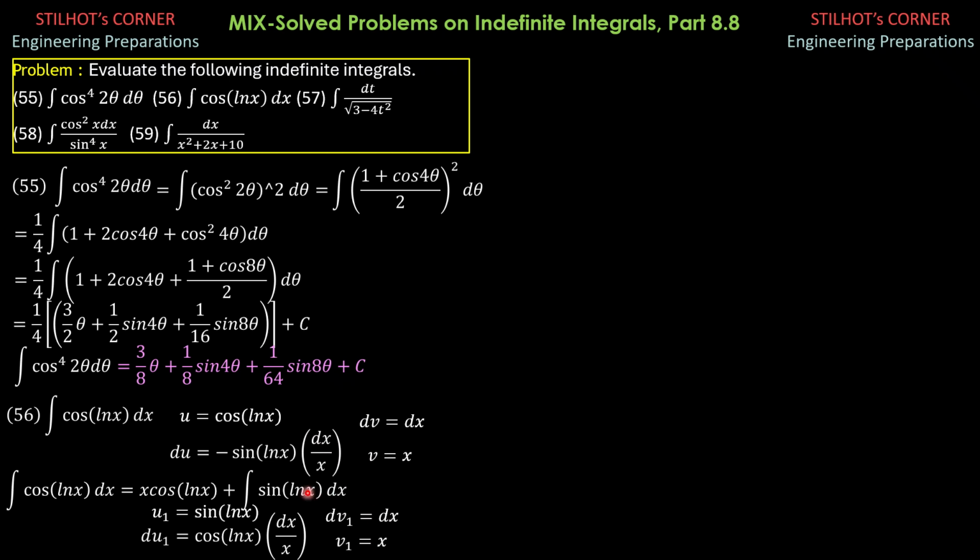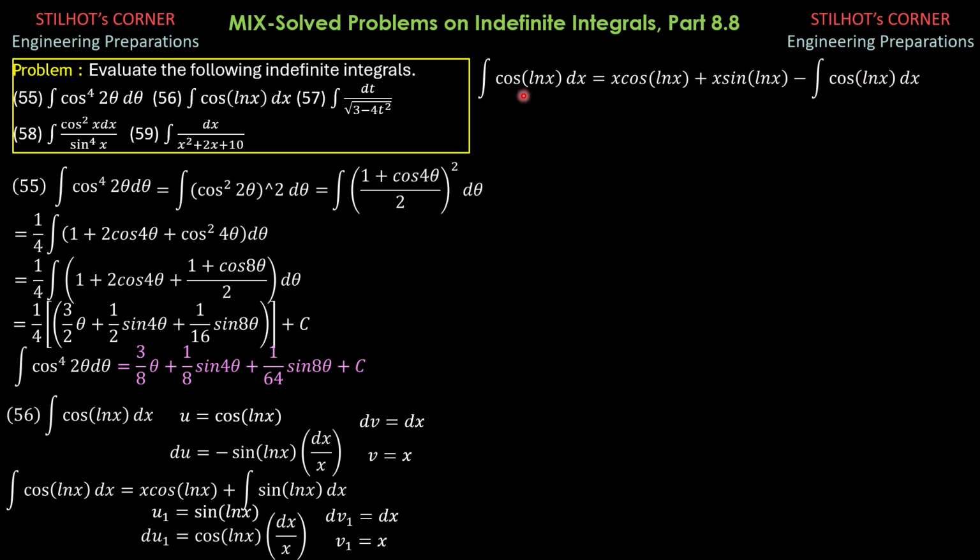So for this part, by parts, the integral of cosine ln x dx is x cosine ln x plus x sine ln x, then minus integral of cosine ln x dx. So it appears that the original integral appears in the third term: minus cosine of ln x dx, which is the original here.